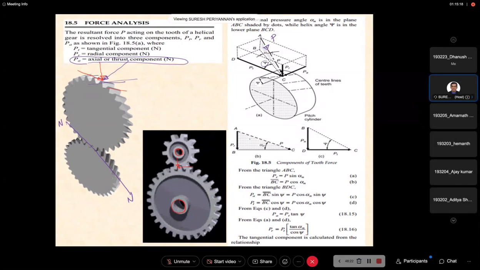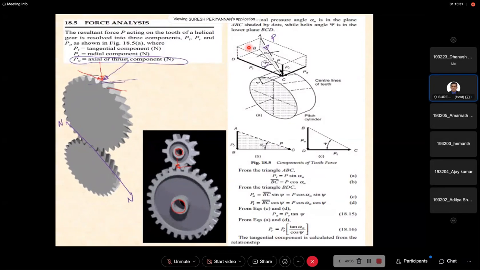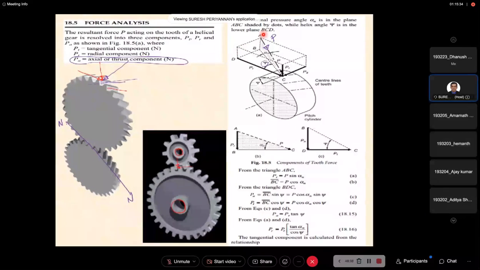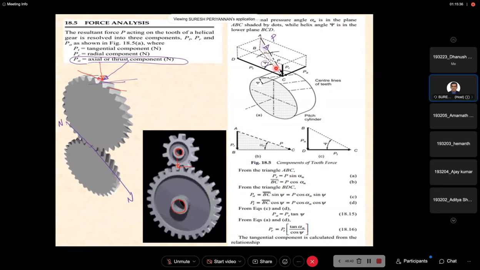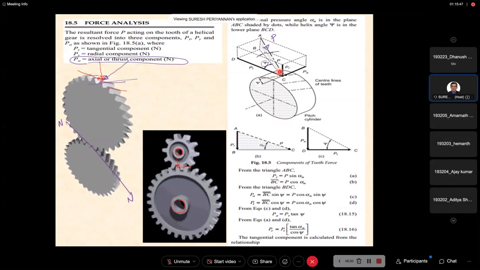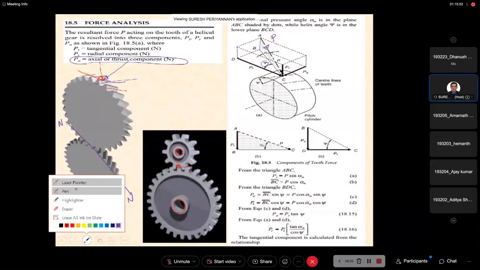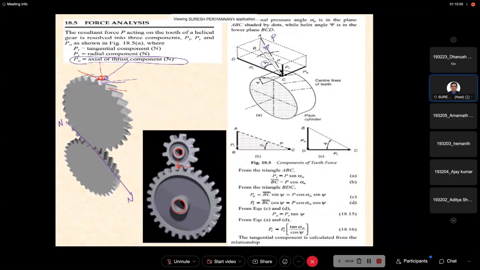Now come to this diagram. First, I am taking this right triangle ABC. In this right triangle, only the component PR is known.